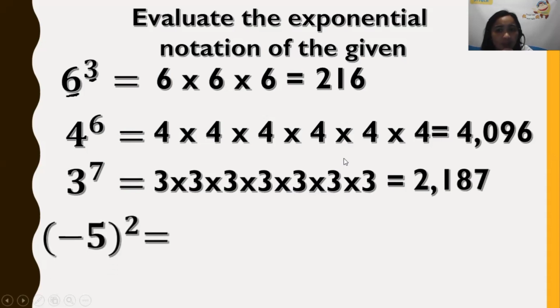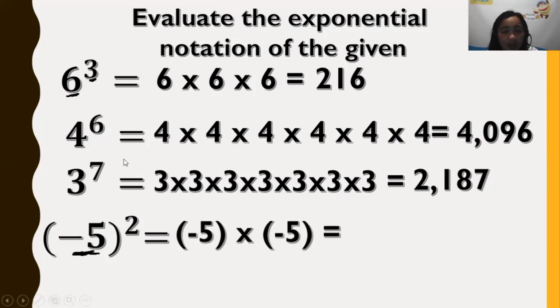What if we have parenthesis negative 5 squared? So meaning, ang base natin dito, dahil nakaparenthesis siya, yung negative 5 kasama yung symbol. So that is negative 5 times negative 5. So ito yung tandaan nyo, kids.